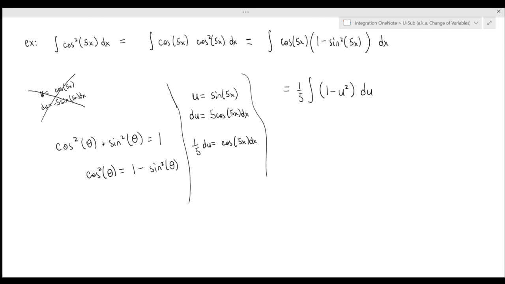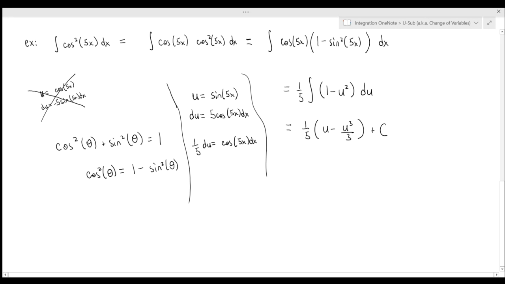And now that we've converted it into the new variable u, we need to finish out this integration. The integral of 1 minus u squared du would be u minus u cubed over 3.